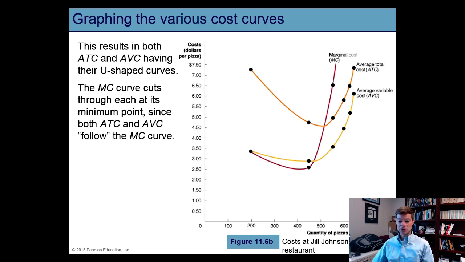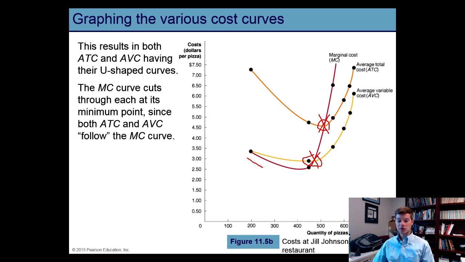The marginal cost curve is going to cut through the minimum point on the average total cost curve and the average variable cost curve. For example, if you identified the minimum point on the average total cost curve and the minimum point on the average variable cost curve, the marginal cost curve would intersect these curves at those points.